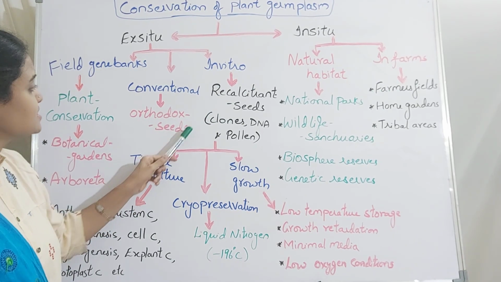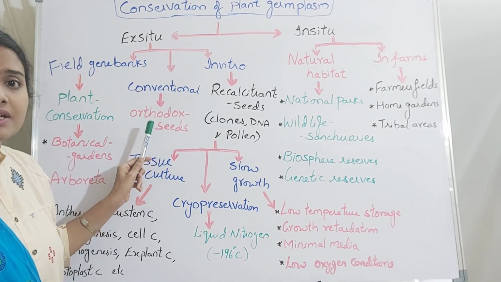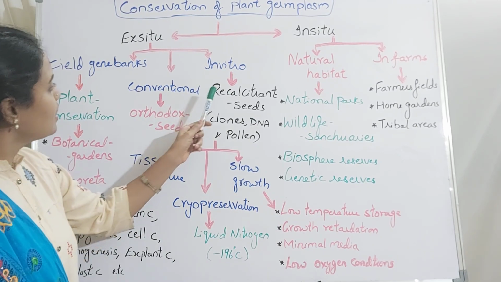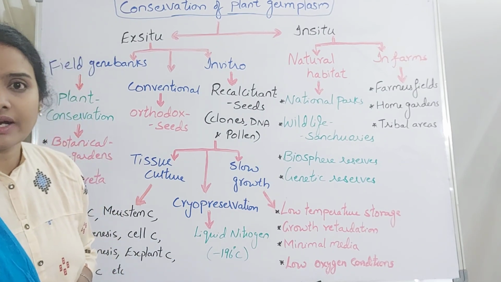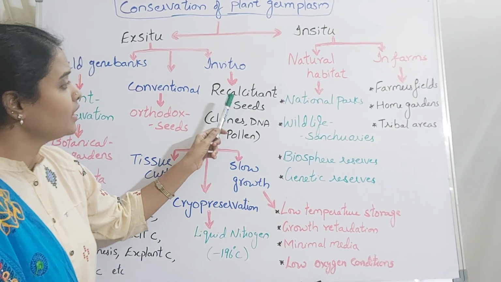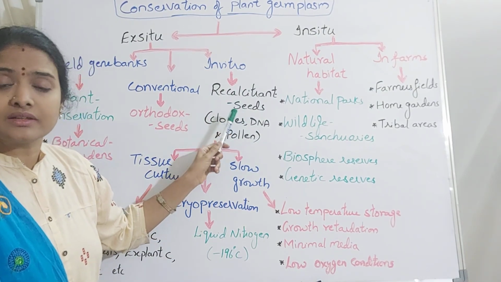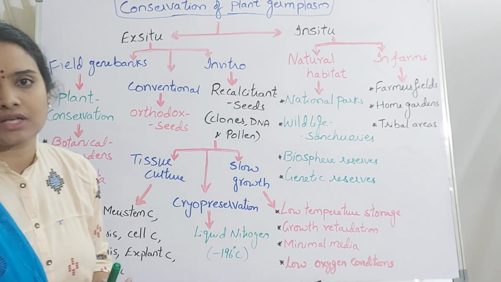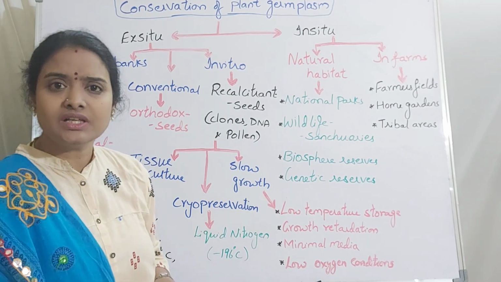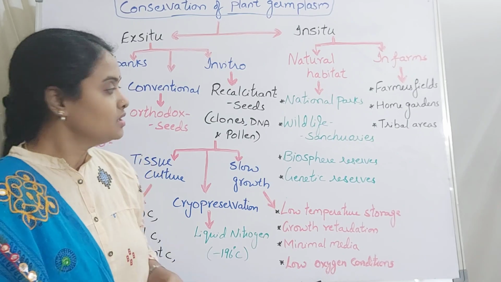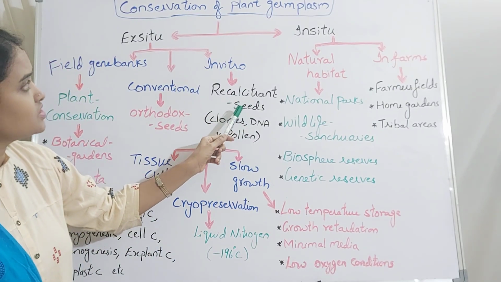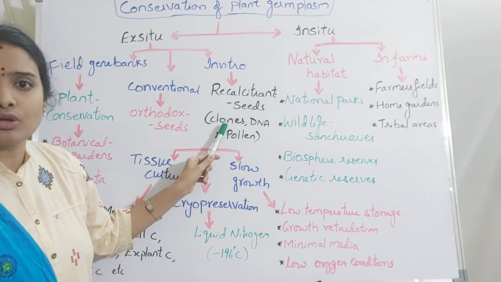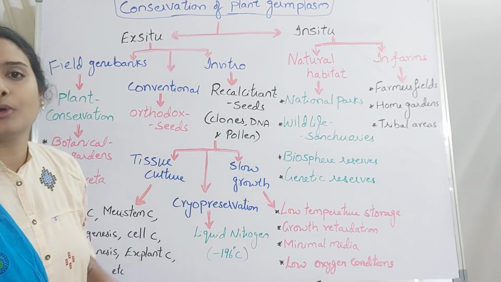Orthodox seeds are dried and can be conserved for a longer time, whereas recalcitrant seeds cannot be dried, right? They are in a viable condition and survive or can be preserved only for a short time. Is that clear? So under recalcitrant seeds, how can you conserve the germplasm? By using clones, DNA or pollen.